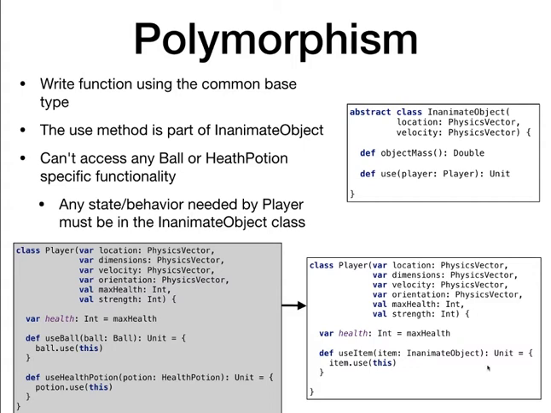Now we're restricted a little in what we can do with that in this method, but we can just call the inanimate object's use method, because we know every inanimate object has a use method because it's part of the inanimate object definition. It's part of that contract. If something extends an inanimate object, it has to have a use method that takes a player.